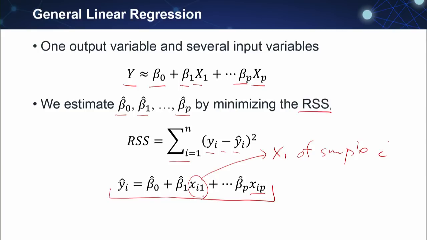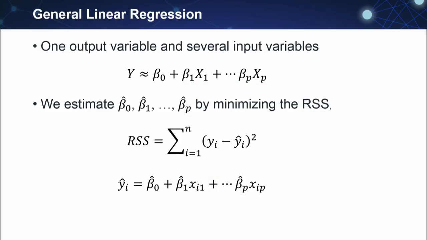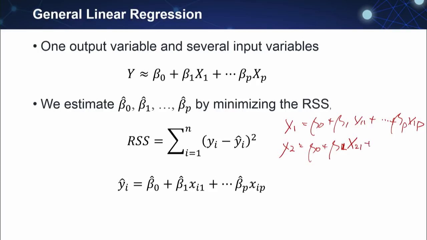Because usually we have multiple samples, if we rewrite this equation with some expansion, it should be: y1 is beta 0 plus beta 1 x11 plus so on plus beta p x1p, and for the second sample, y2 is equal to beta 0 plus beta 1 x21 plus so on plus beta p x2p.